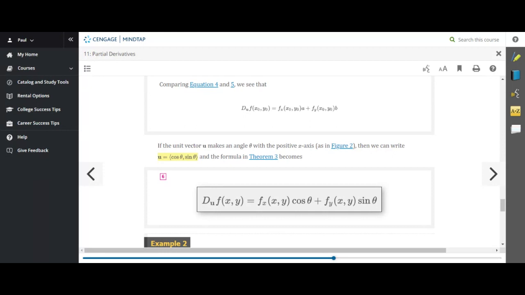Think of the unit circle, right? All of those coordinates on the unit circle can be found by finding cosine of theta and sine of theta. So the directional derivative of a function in the direction of some unit vector u can be written this way also, where a and b are replaced with cosine theta and sine theta.